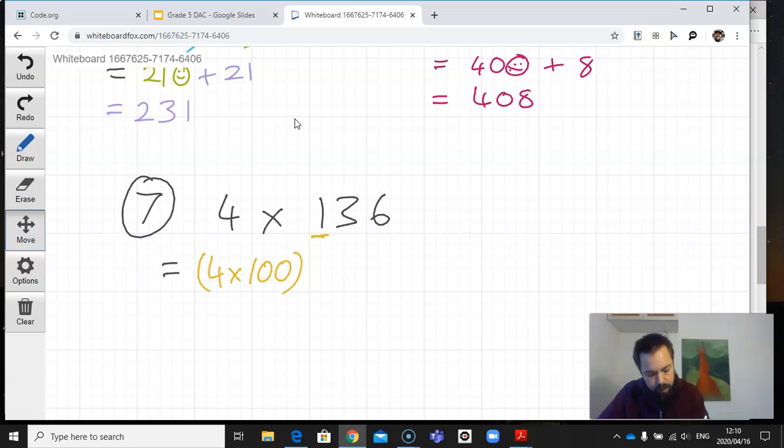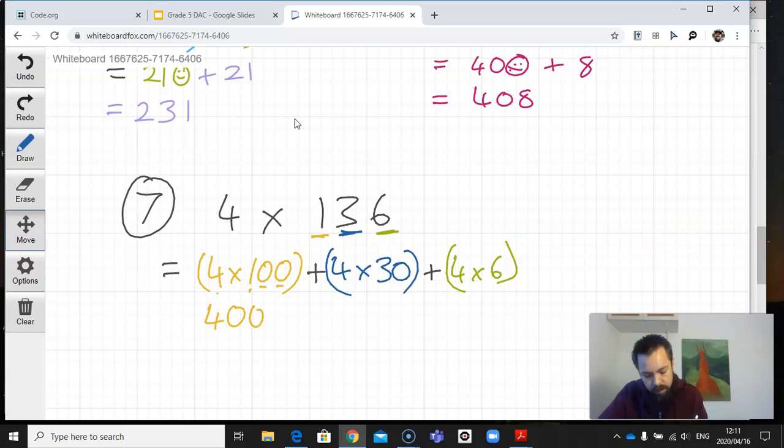I have 4 times 30. And I have 4 times 6, with my pluses in between. I'm going to work each of those out quickly. 4 times 100. Using my sneaky zeros, I just put them down there. So 4 times 1 is 4. So the answer to 4 times 100 is 400.